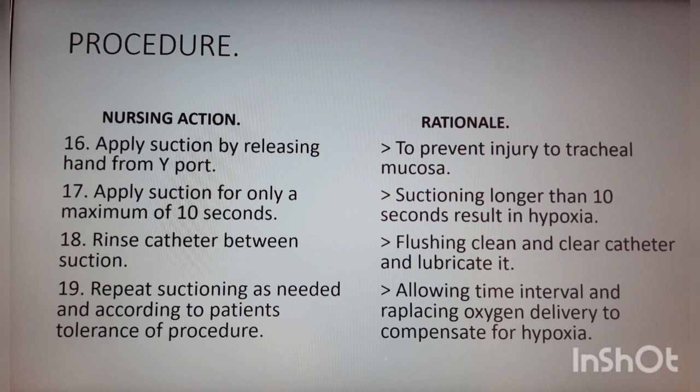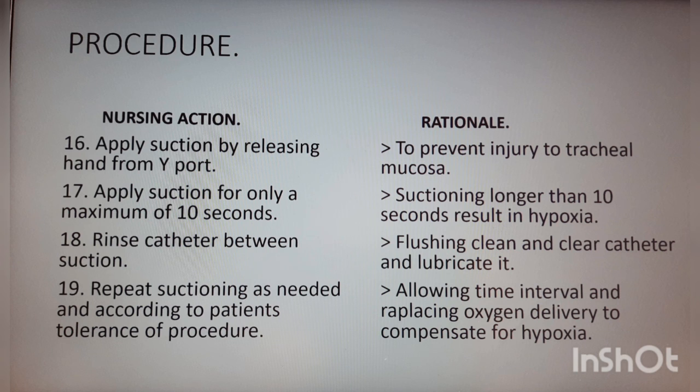Apply suction for only a maximum of 10 seconds. Hyperventilate 3 to 5 times before suctioning, or encourage the patient to cough and deep breathe between suctioning. Suctioning for longer than 10 seconds may result in hypoxia.